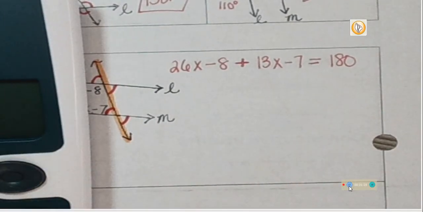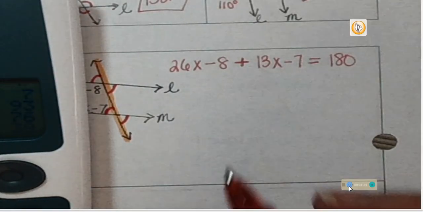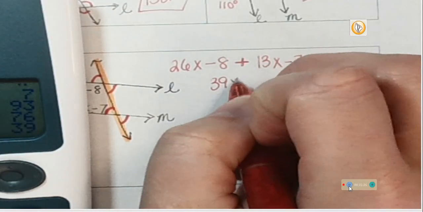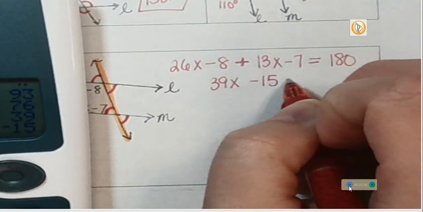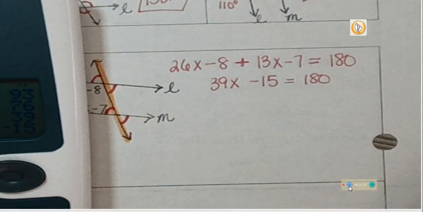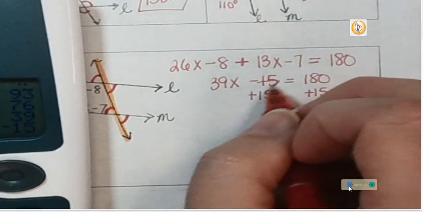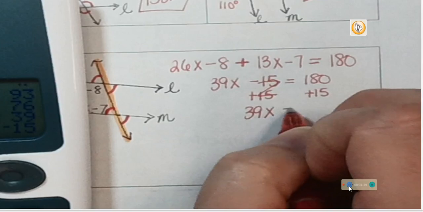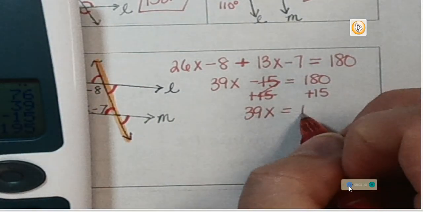Let me grab my calculator. I'm going to combine like terms. 26 plus 13 gives me 39x, and negative 8 minus 7 gives me negative 15, which equals 180. I'm going to add 15 to both sides. Inverses cancel. 39x equals 180 plus 15, which is 195.